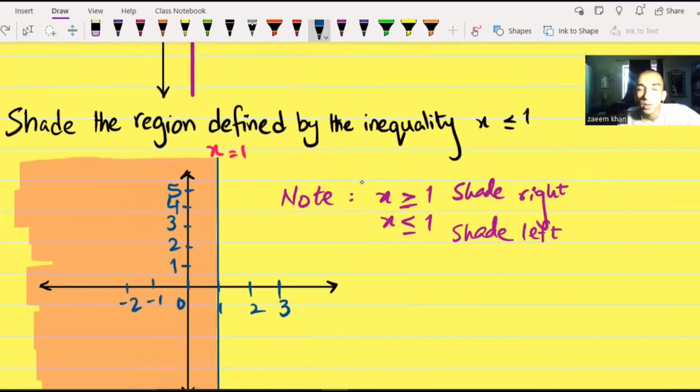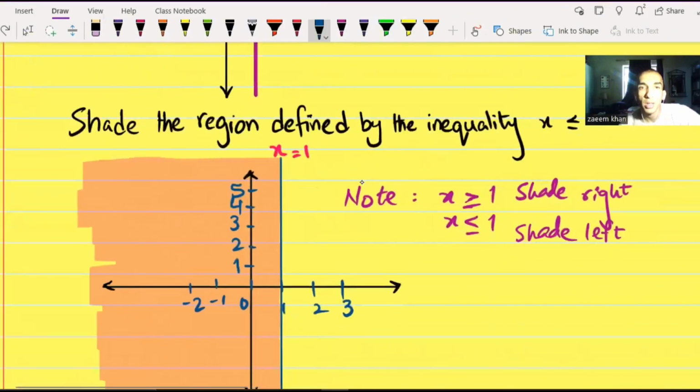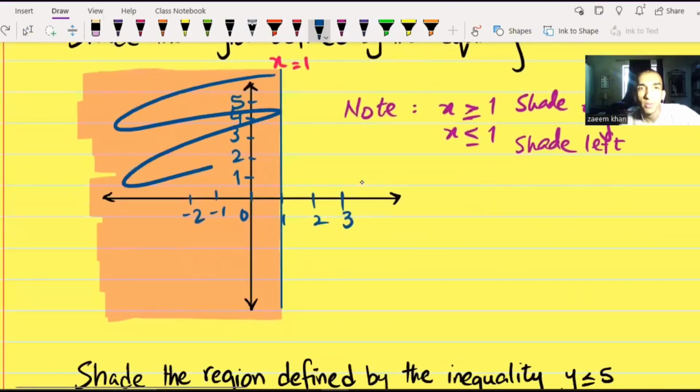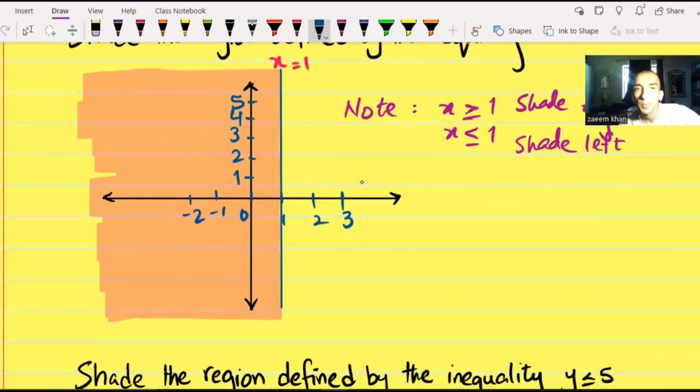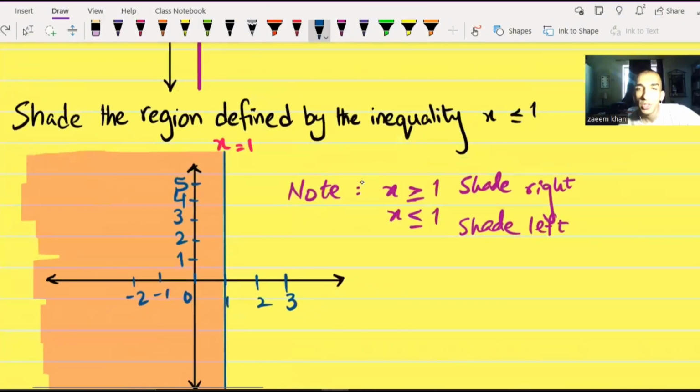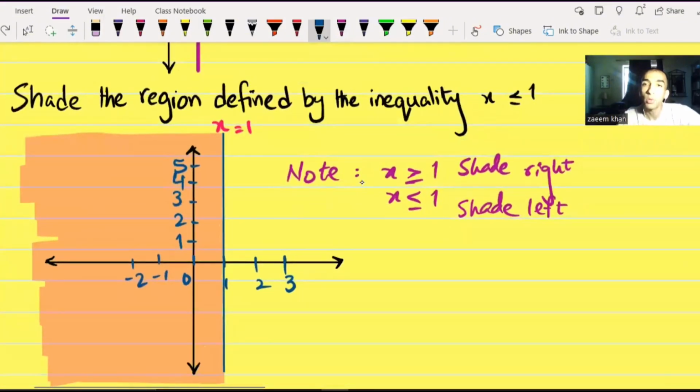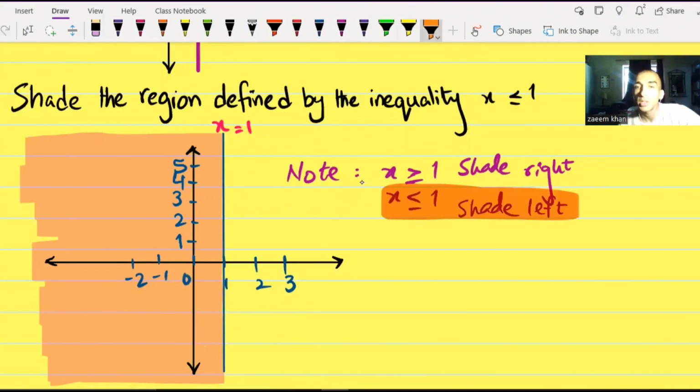We shade the entire region on the left of this point, in pink, because it's on the left side and also less than that number. So when the question says x is less than or equal to 1, they're asking you to shade the region on the left of that line. Simple.